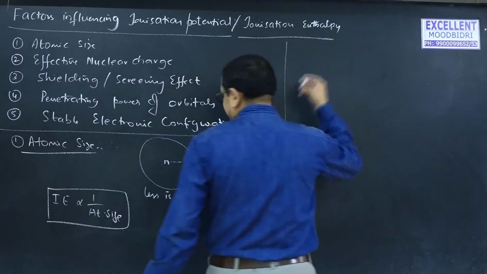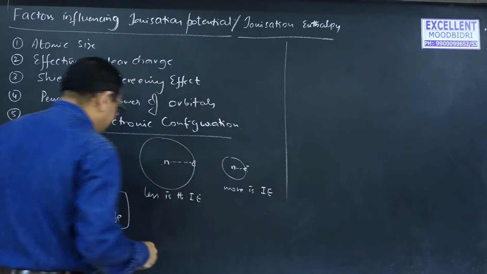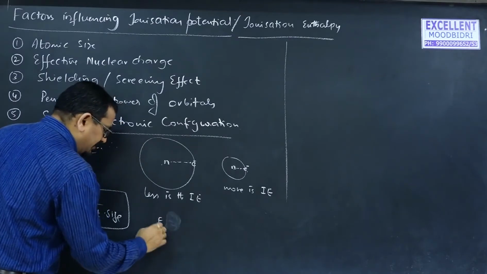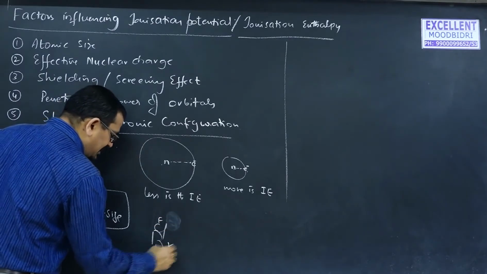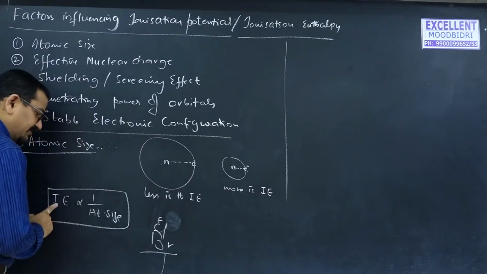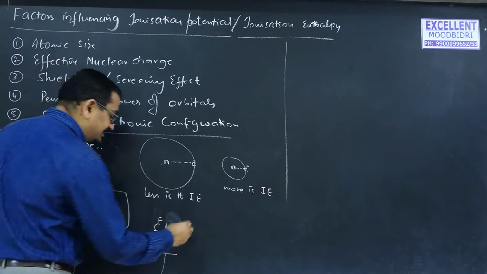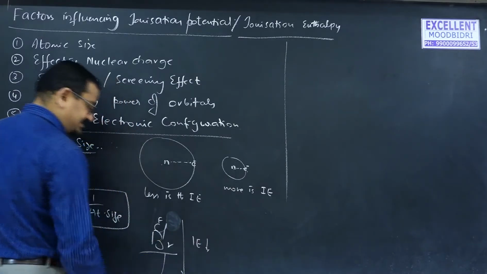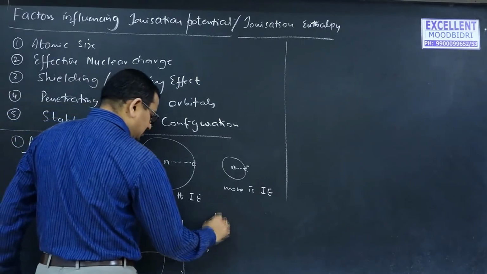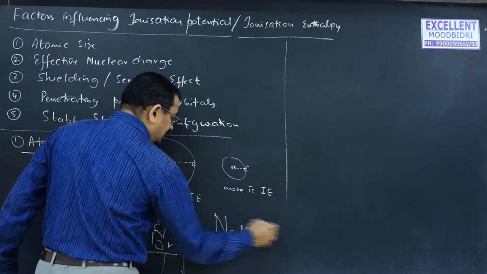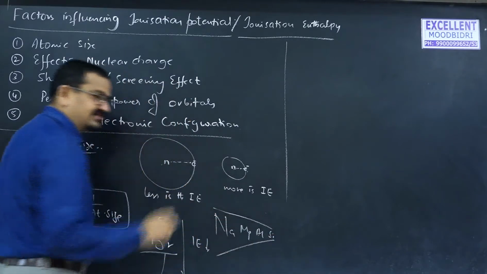We can have an example even here. Suppose fluorine, chlorine, bromine, iodine. Size is increasing. With increase in size, ionization potential decreases. That's why from fluorine to iodine, ionization enthalpy decreases. Suppose sodium, magnesium, aluminum, silicon: the atomic size is decreasing in this way.